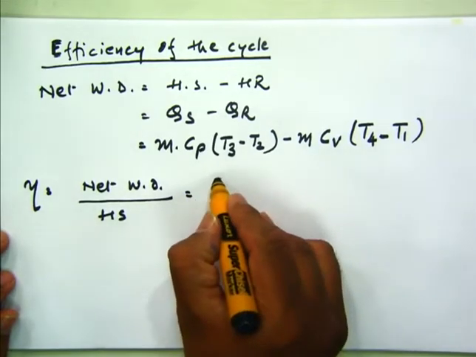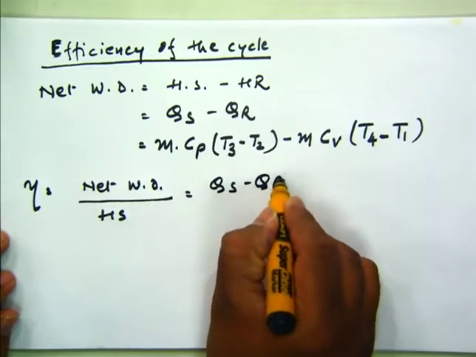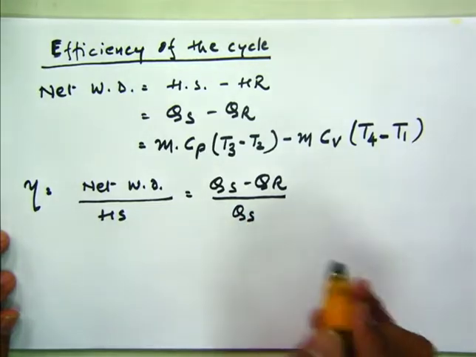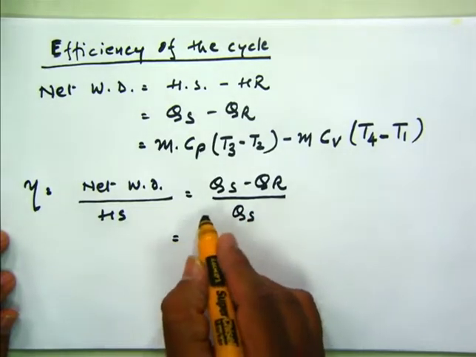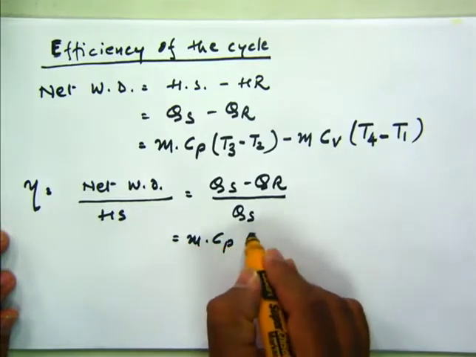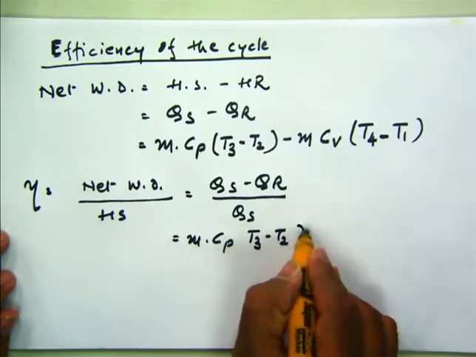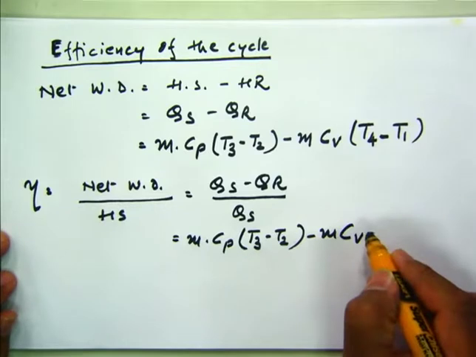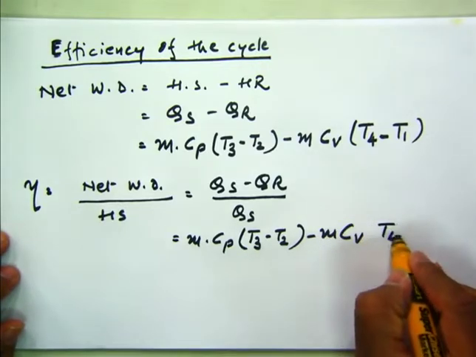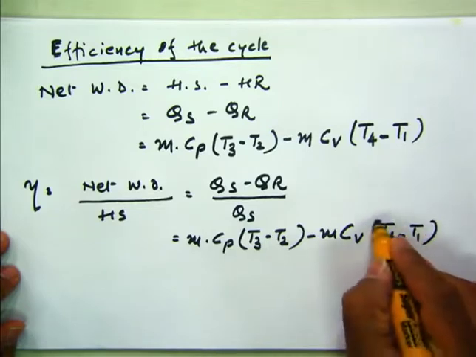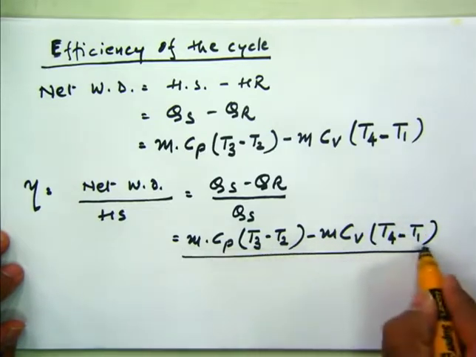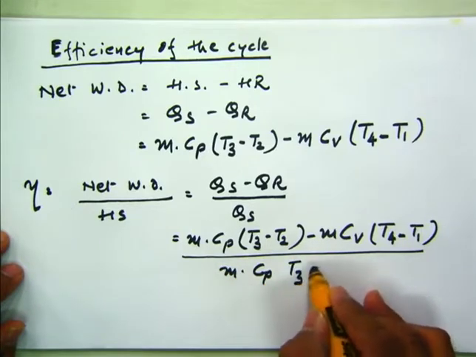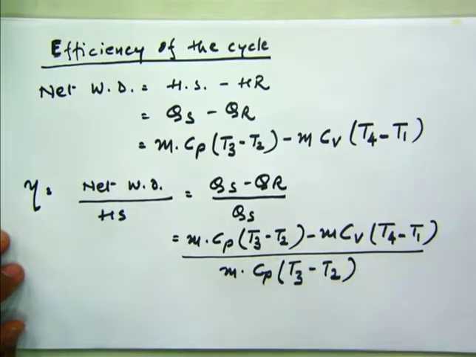This is equal to QS minus QR upon heat supplied, that is M Cp (T3 minus T2) minus M Cv (T4 minus T1), upon M Cp (T3 minus T2).